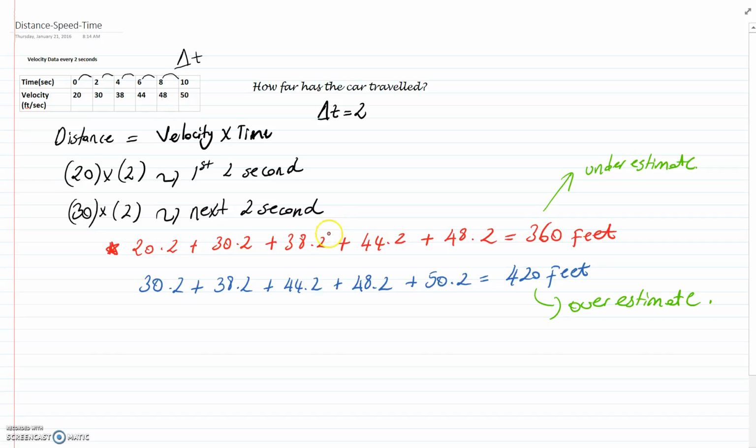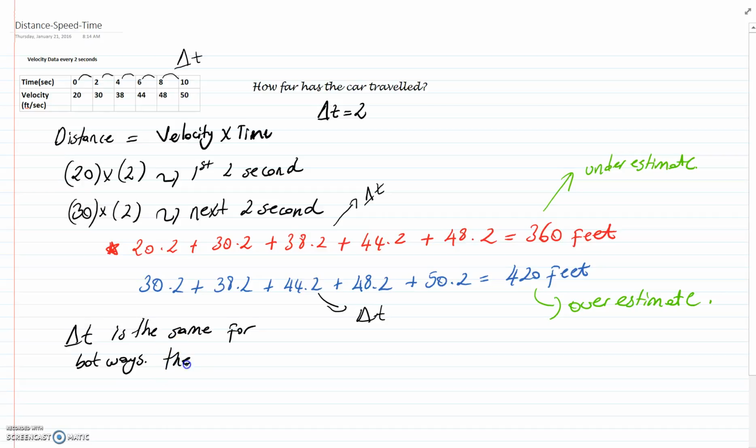Okay, so the 2's are coming from delta t on both of them. It's not changing. Delta t is the same for both approaches. What is changing? The endpoints. And that's the way we're looking at it.